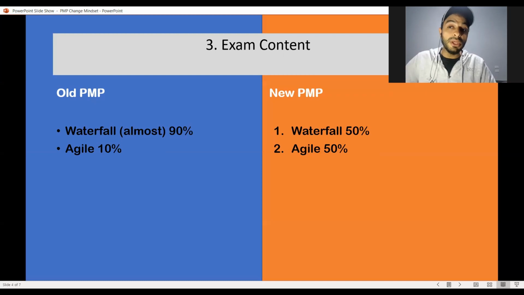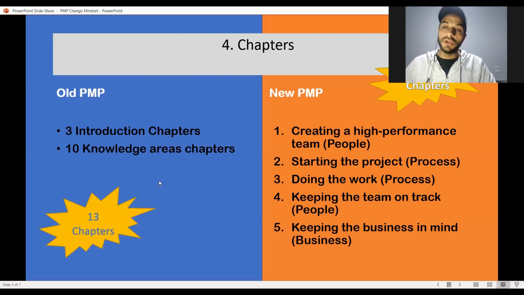But in the new PMP, the exam content will be 50% waterfall and 50% agile, which means that you have to be as familiar with agile techniques as with predictive project management, the waterfall.